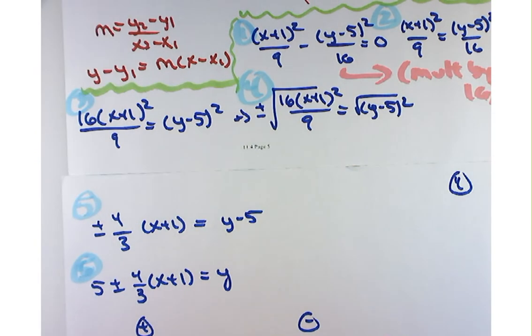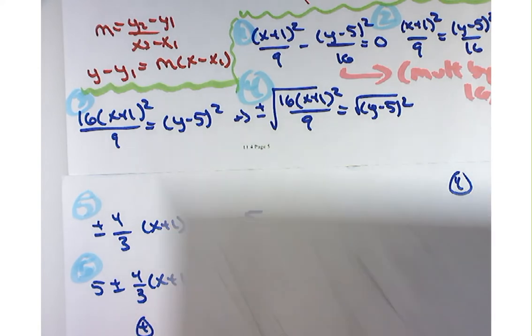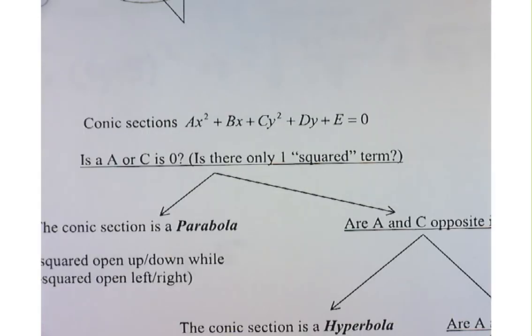All right, there's two more things that I want to share with you and go over with you about these kinds of problems. Now, in general, when we're working with these kinds of things, you're going to get a conic section. So conic sections can all be written like this.